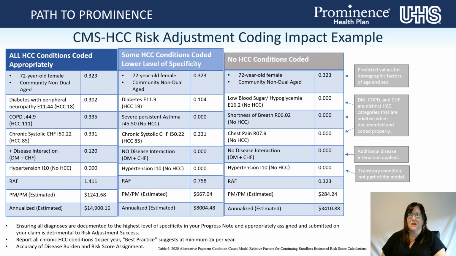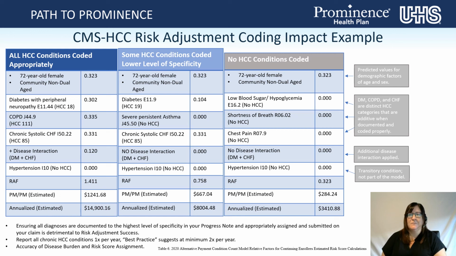CMS-HCC risk adjustment coding impact example. Here's a scenario where we use a 72-year-old female with a base risk score of 0.323 across all 3 scenarios. The scenario on the left shows the impact of all HCC conditions coded appropriately and submitted on a claim to the highest level of specificity.